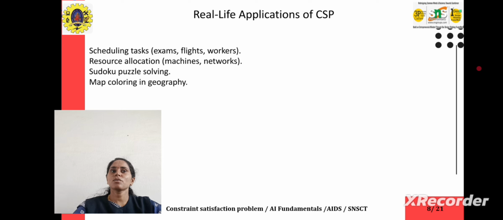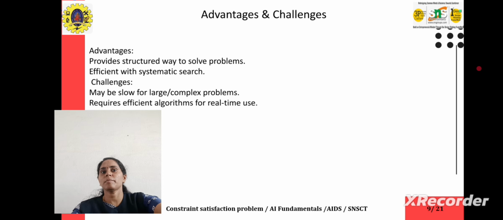Other applications are solving puzzles and map coloring for geographical or political boundary representation. These showcase CSP's versatility in optimizing limited resources under rules, making it invaluable in operations research, logistics and entertainment.